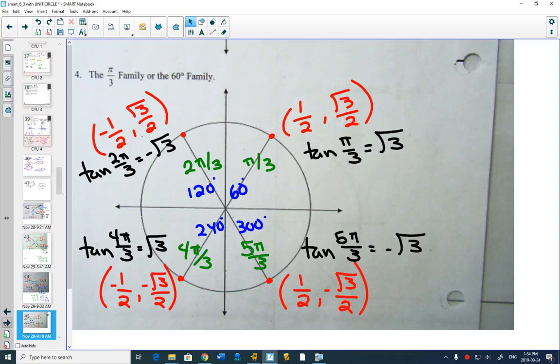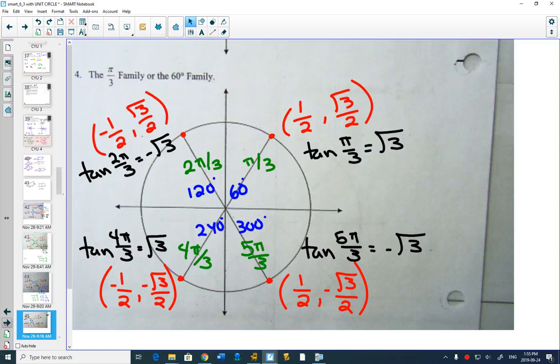Joseph. Tan of 240 degrees. Square root of 3. Cos of 60 degrees. One half.